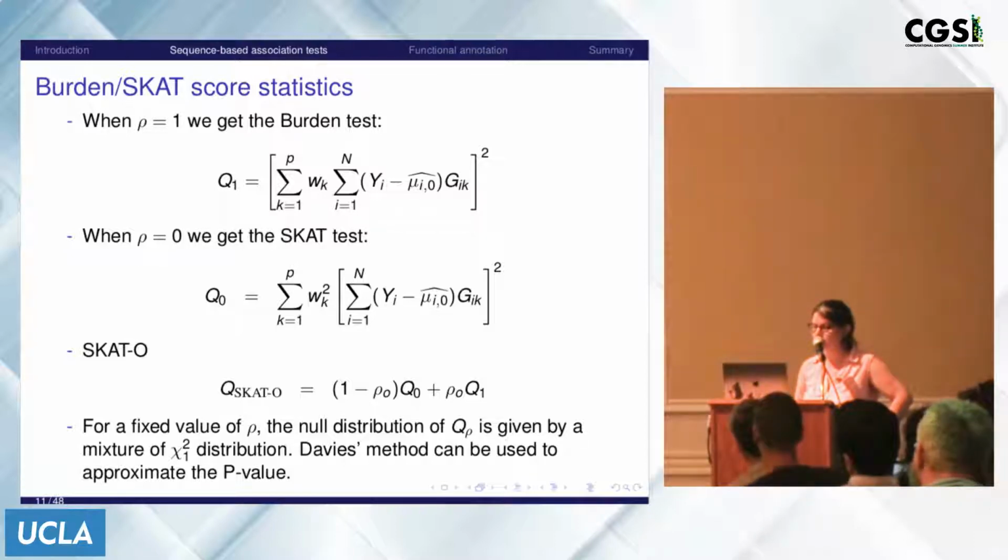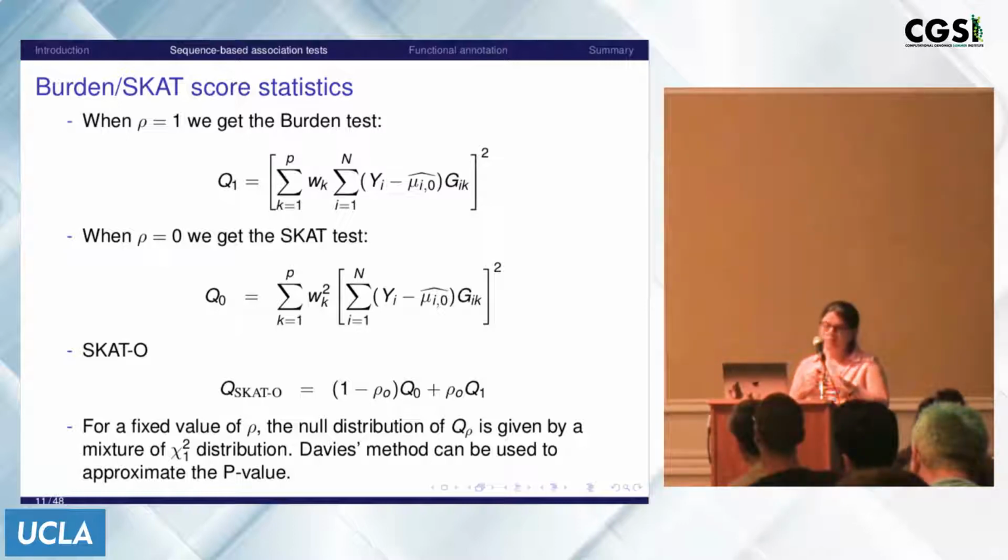So you calculate a score statistic for each individual variant, and then you sum over all variants in the gene or region. When rho is equal to 0, we get the SKAT test, which has a quadratic form. You take the score statistic for each variant, square it, and then sum.